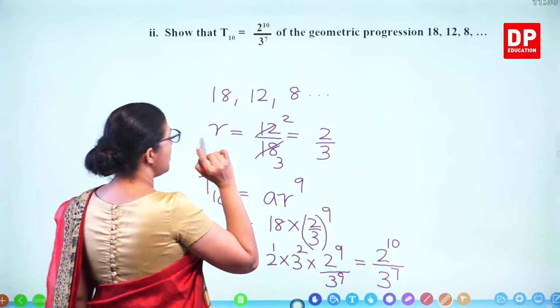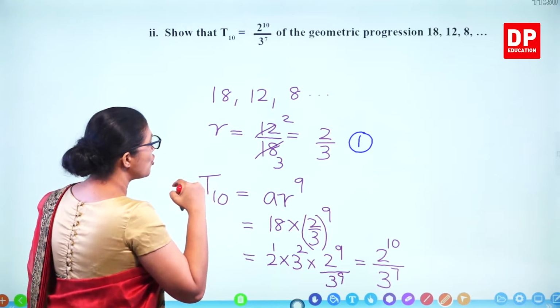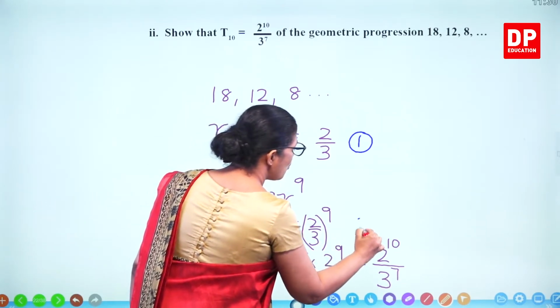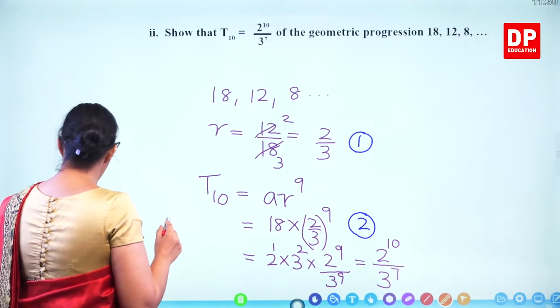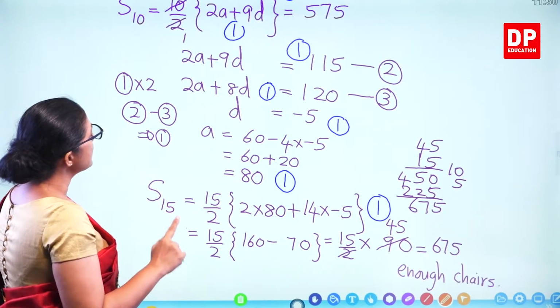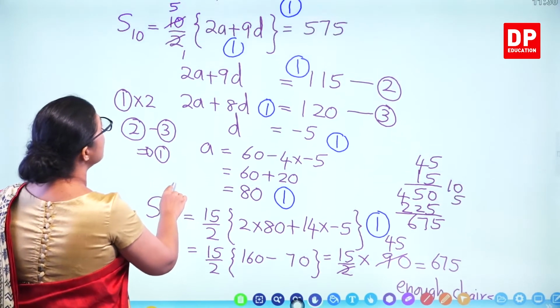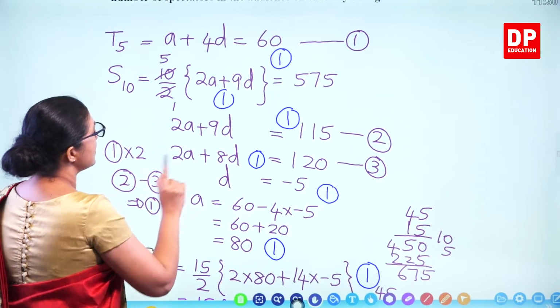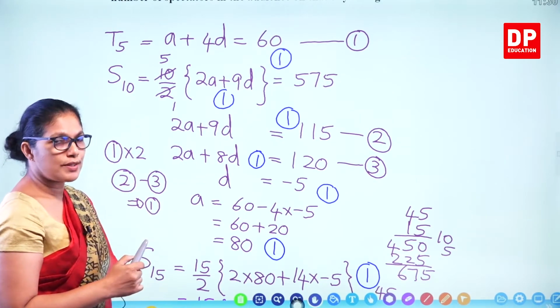We can give 3 marks. So 1 mark for ratio and 2 marks for getting the answer. So 3, 4, 5, 6, 7, 8, 9 and for the first one 10. So altogether 10 marks for this whole question.